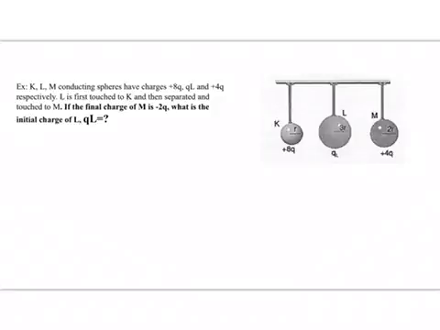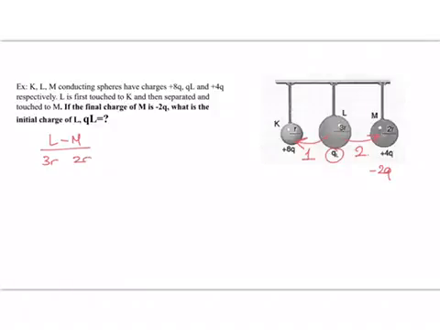In this example, K, L, M conducting spheres have charges given. L is first touched to K and is separated and touched to M. If the final charge of M is minus 2Q, what is the initial charge of L? In this example, we are going to solve it from the end to the initial. So first, examine the touch of L to M. L has a radius of 3R and M has a radius of 2R.